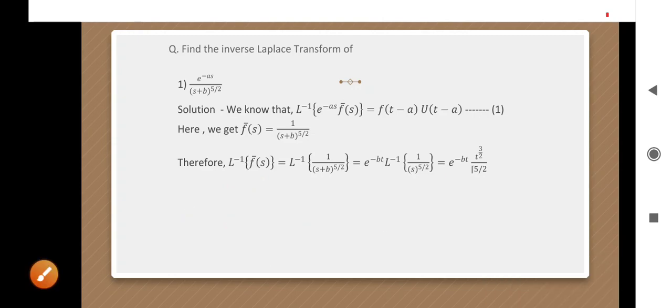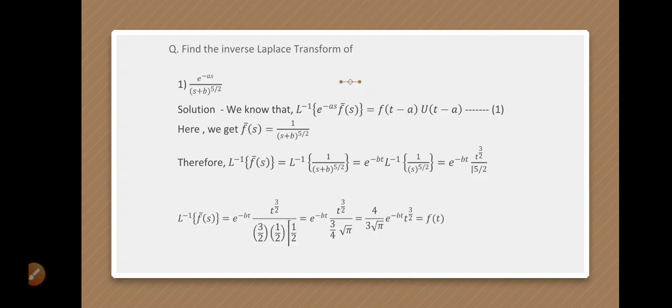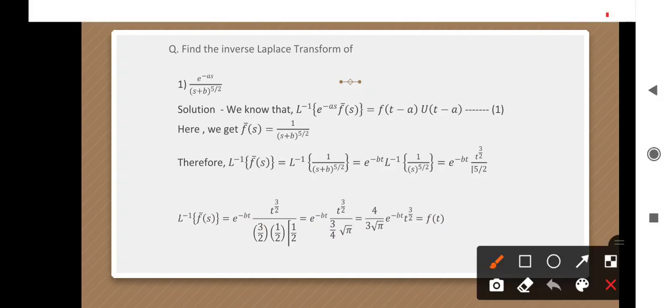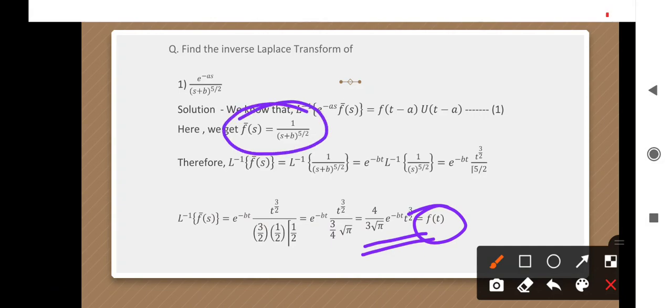So using all these gamma function properties and results, we get the simplified function of t as 4 upon 3 root pi e raised to minus bt t raised to 3 by 2. This is your function of t, that is L inverse of this f bar of s. But this is not the final answer.